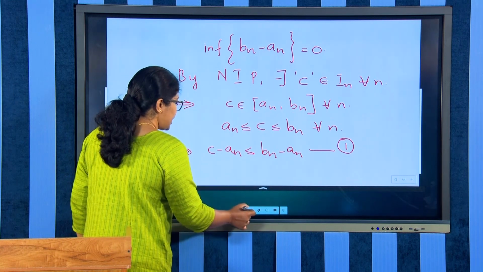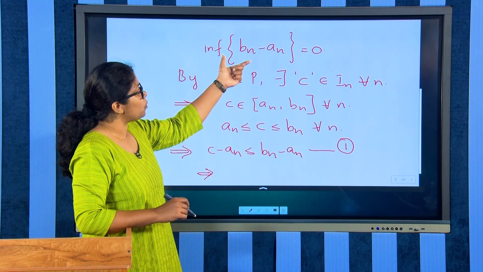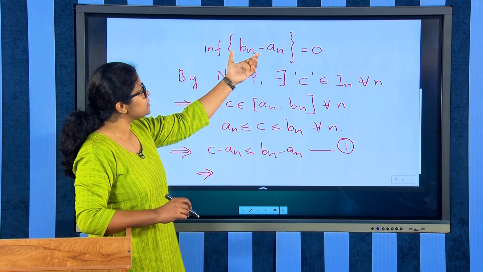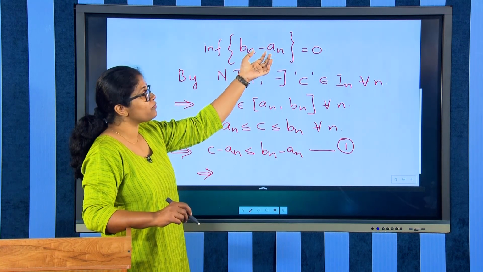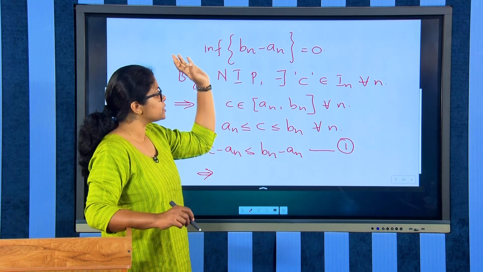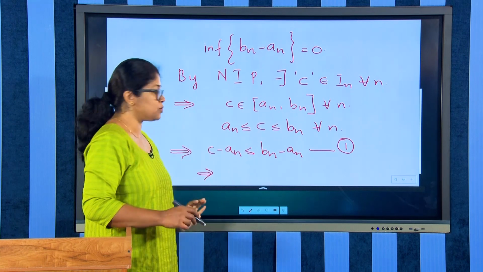So this indicates that as n approaches infinity, this is going to 0. We have seen, because Bn minus An is of the form (B minus A) by 2 power n minus 1, and so C minus An goes to 0 as n tends to infinity.